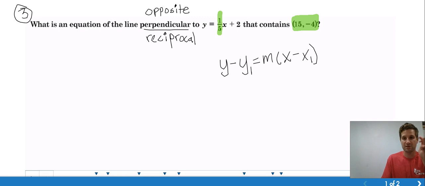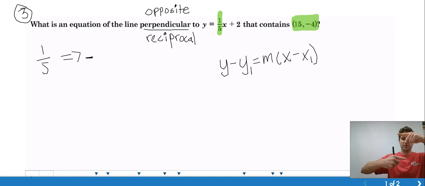I want the opposite reciprocal. So I'm going to do the opposite sign. We have 1/5, so the opposite reciprocal is going to be negative. And then reciprocal means we flip it. So instead of 5 on the bottom, we get 5 on the top and 1 on the bottom, which means the opposite reciprocal is just -5.